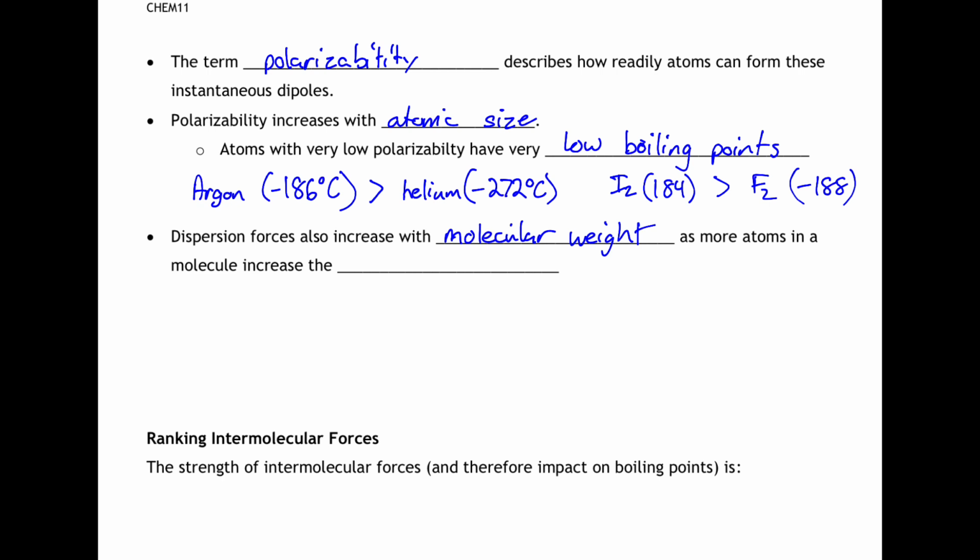So more interactions, increased surface area, more molecular weight, and then a higher boiling point. I'm going to write it in here. So more interactions, harder to boil, or easier to condense. Same idea. Harder to boil, easier to condense.